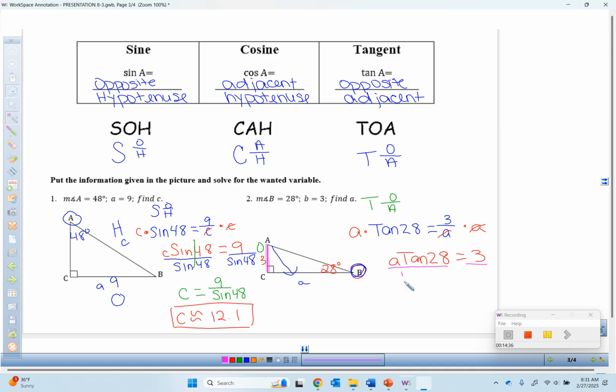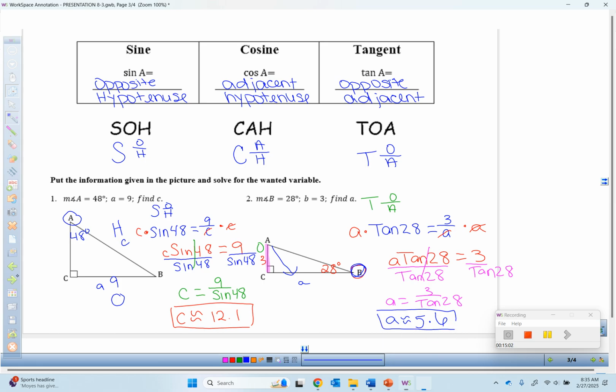Divide. And if I do this side, I have to do this side. Let's these cancel, leaving me with A equals 3 over tangent 28. So now in your calculators, you're going to put 3 divided by tangent 28. Okay, and we should have got 5.6.